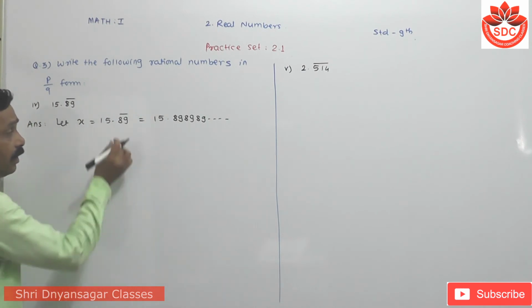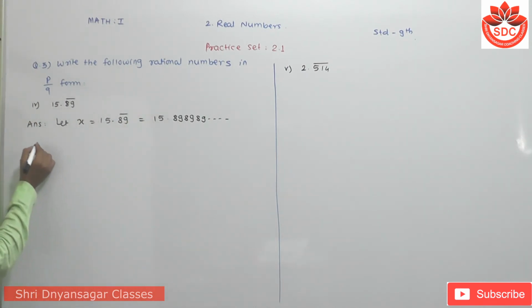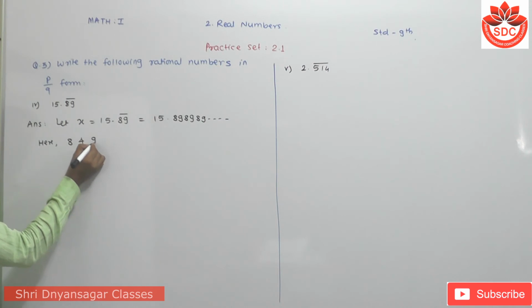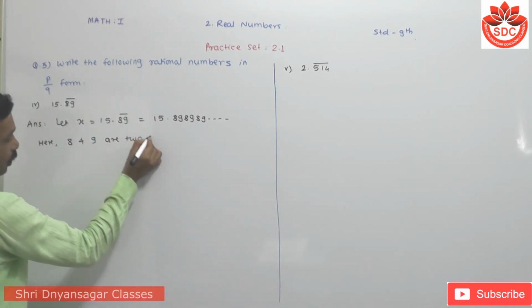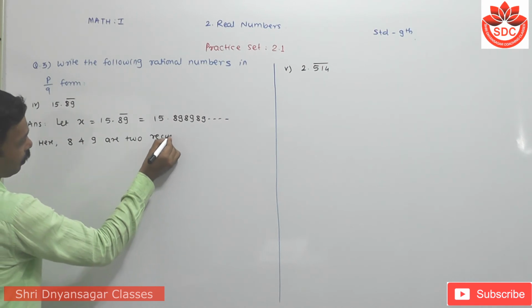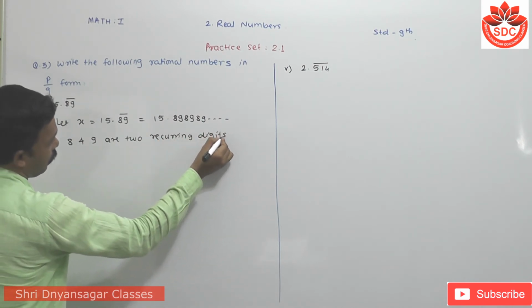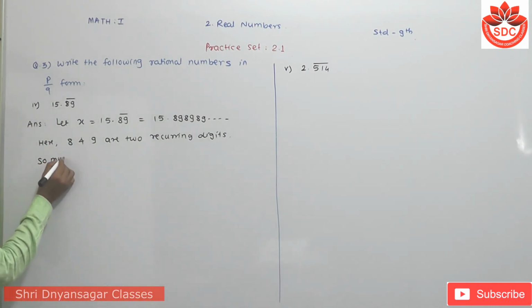So there are 2 digits, so multiply it by 100. Here 8 and 9 are 2 recurring digits.